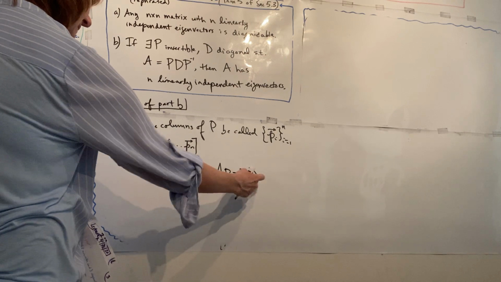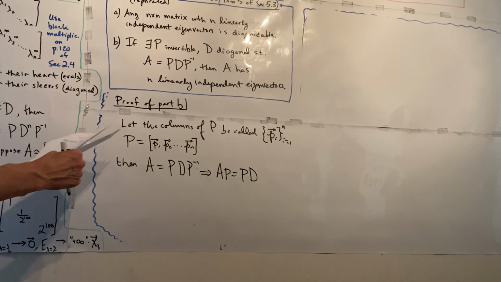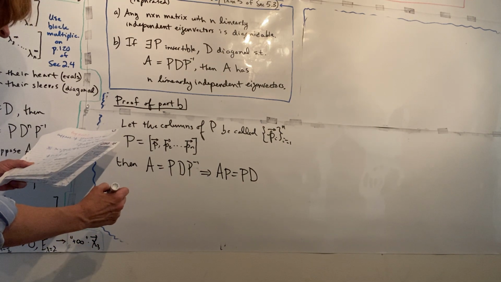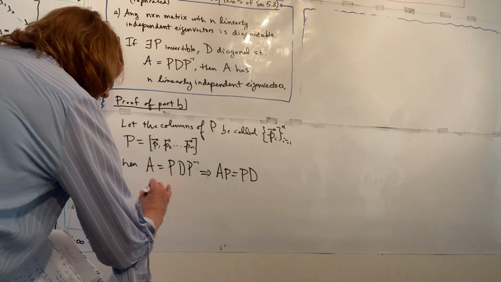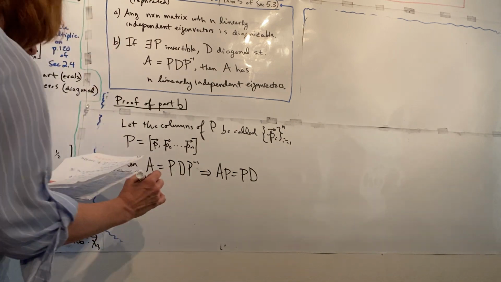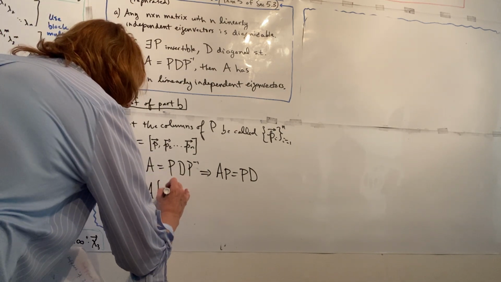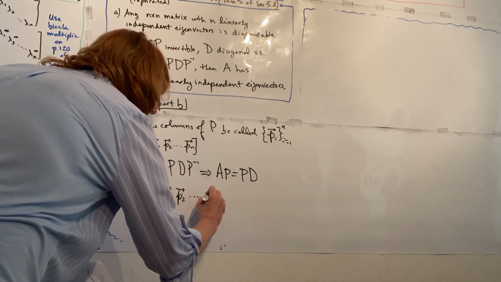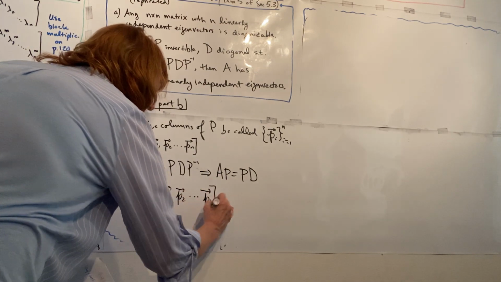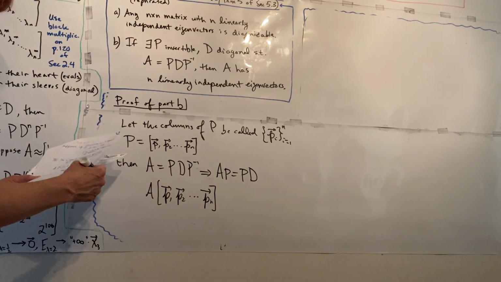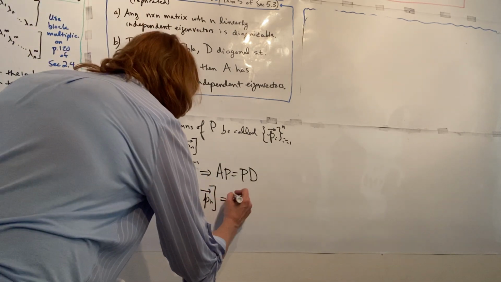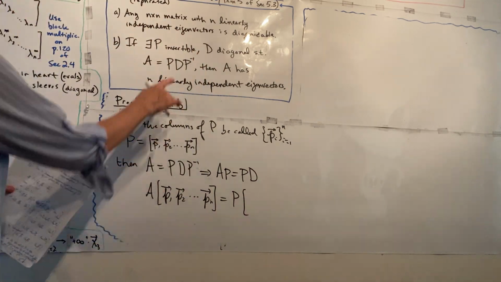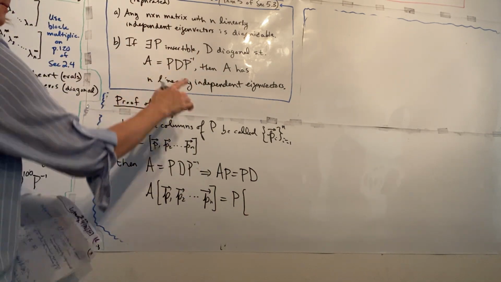Multiply both sides on the right by P. And so that's giving us that A times P1, P2 through Pn, that's that left-hand side there, is equal to P times D, a diagonal matrix.